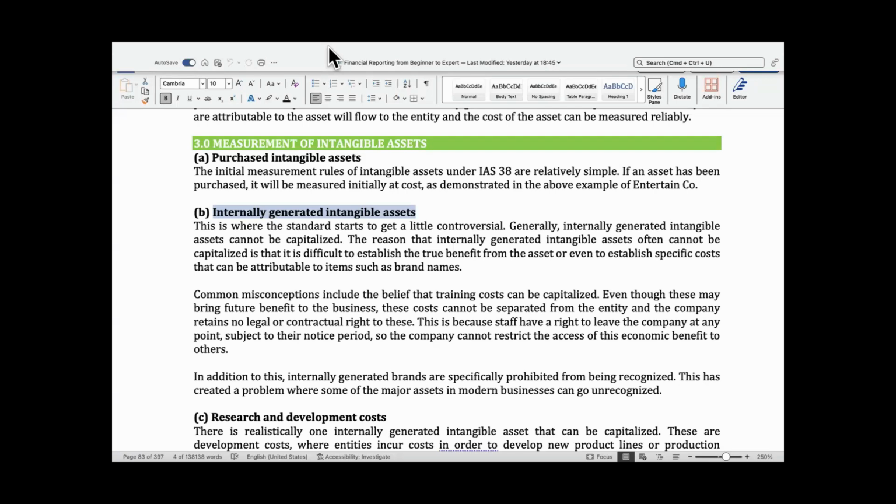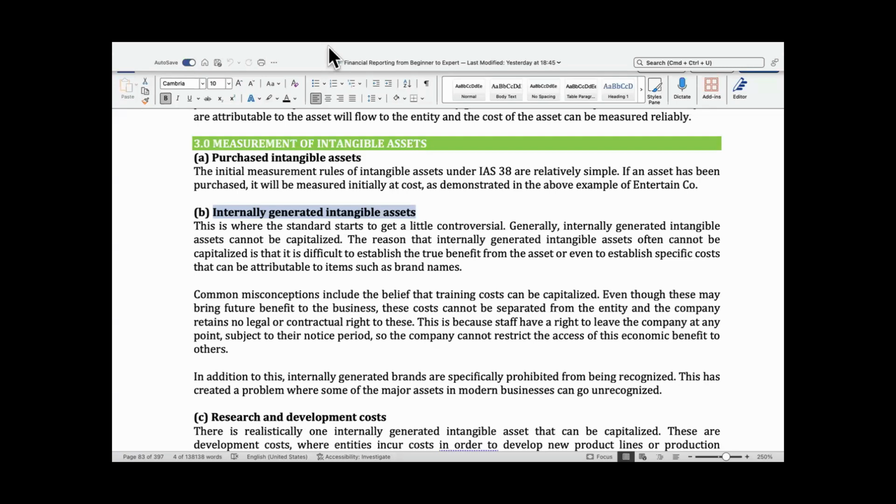So internally generated intangible assets are prohibited from being recognized in the financial statements. These are things they are working on, because the fact remains that this goodwill, this brand name, they actually create benefits, no doubt about that.